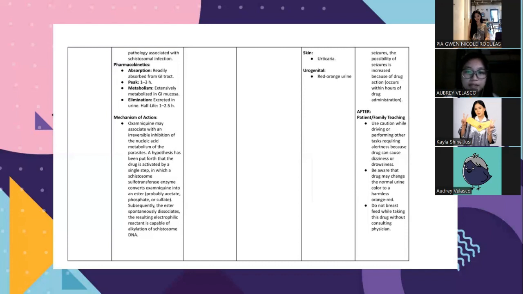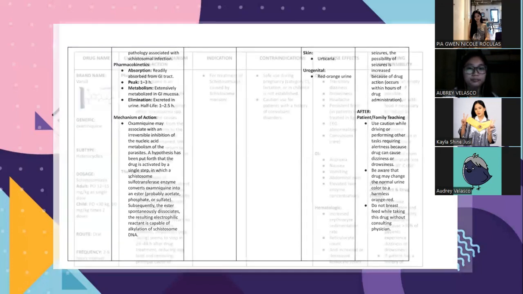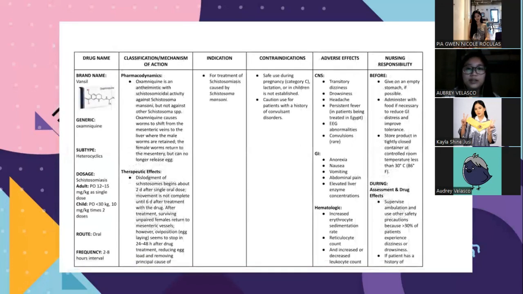And then this ester spontaneously dissociates, resulting in an electrophilic reactant that is capable of alkylation of histone DNA. Okay, for an indication, for treatment of schistosomiasis caused by Schistosoma mansoni, and then contraindications.